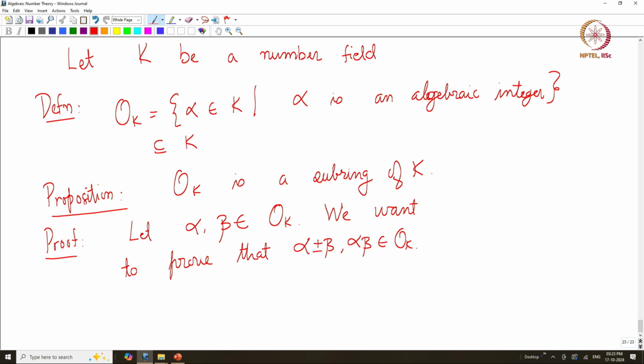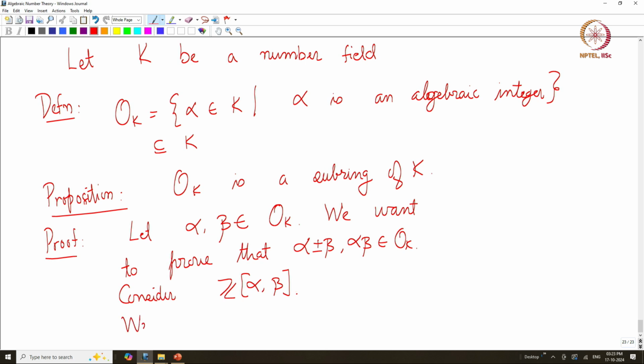So, the only thing to show is that if you take two algebraic integers, then their sum, their difference and their product are also algebraic integers. So, how do we do this? Well, we consider Z[alpha, beta], and we will show that this is a finitely generated Z-module.